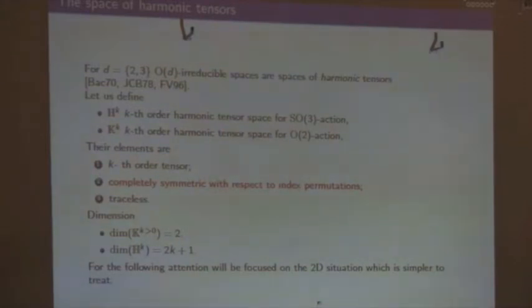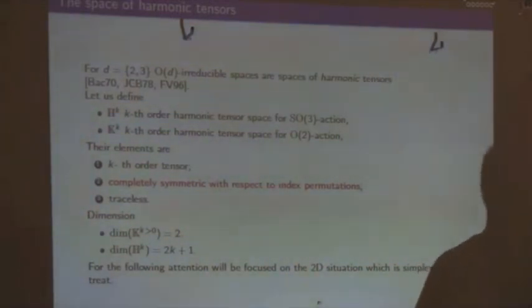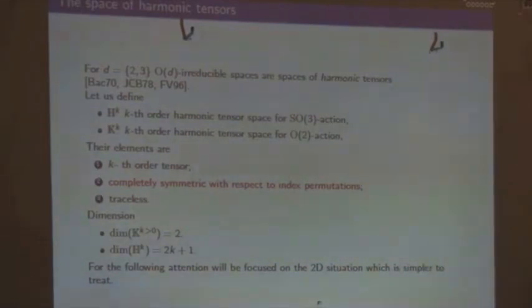I will call them H_k in 3 dimensions and K_k in 2 dimensions. What does it mean? If I take a harmonic tensor of order k, the first point is it is a tensor of order k. So that's trivial, but that's a fact. The third point is being traceless.